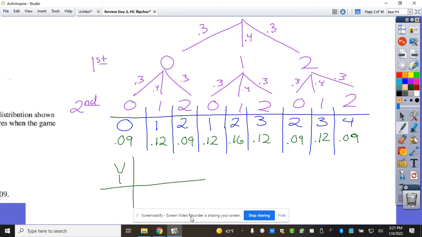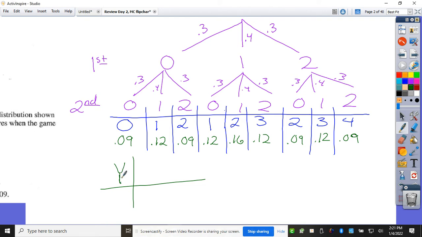So my actual distribution here, my number of points I can have is 0, 1, 2, 3, or 4. How many paths ended up with 0 points? 1. So the probability of that is just that one number. What would I do for the probability of 1 point? My rule that I always say is multiply down, and add across.